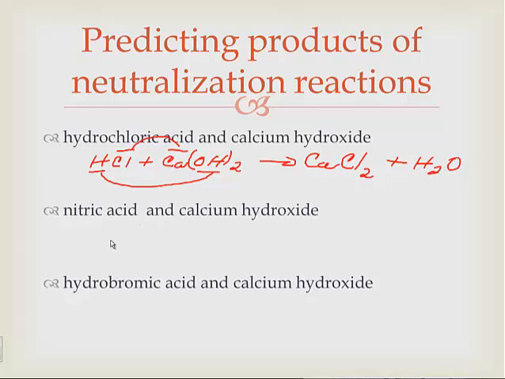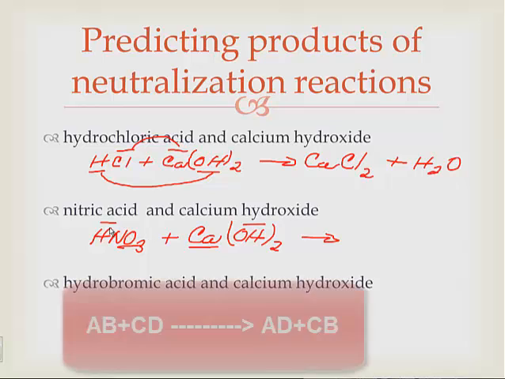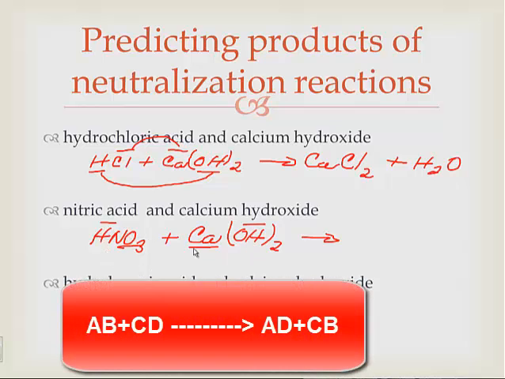All right, so the next one, nitric acid, HNO3, plus, again, we're going to use calcium hydroxide. These two will combine, and these two will combine. So remember the AB plus CD reaction, where it combines AD plus CB.